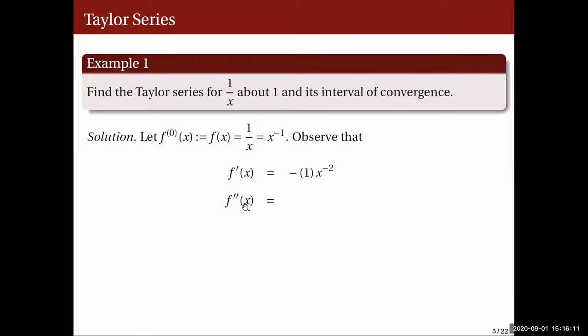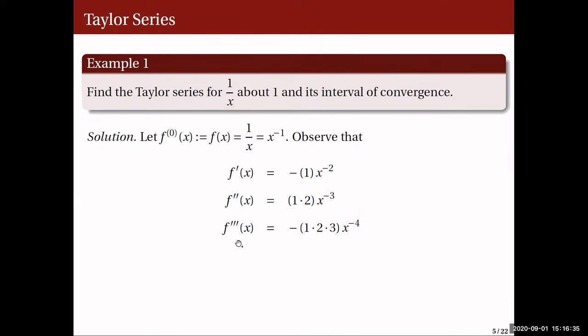Now, f double prime of x is positive 1 times 2, x to the negative 3. Differentiating further, the third order derivative of f is negative 1 times 2 times 3, x to the negative 4.